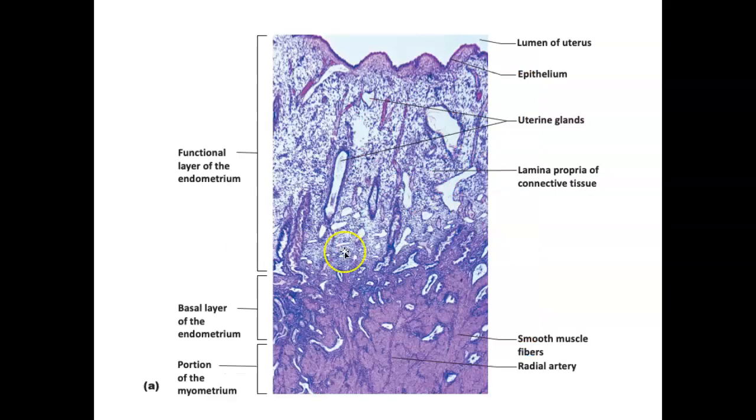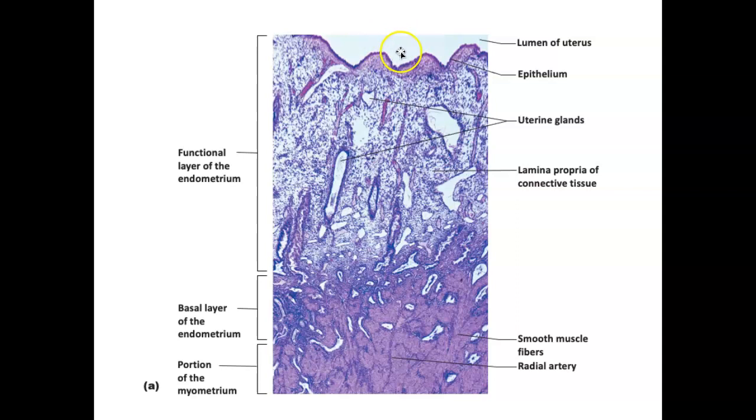Another shot of this is here. You can see the muscle, the myometrium here, and then here's this layer arching up here, this basilar layer, stratum basale, and then the functional layer, stratum functionalis, which is this portion, and then the inside of this would be the lumen of the uterus, where that fertilized egg would sit.